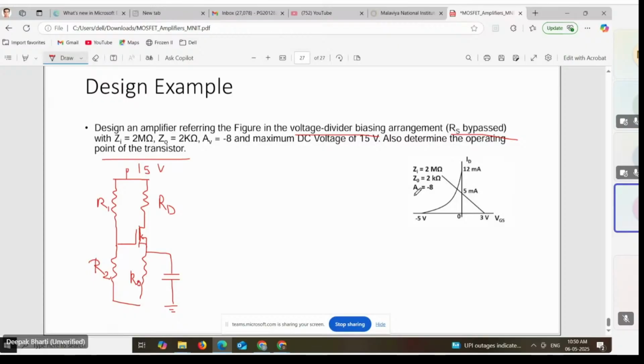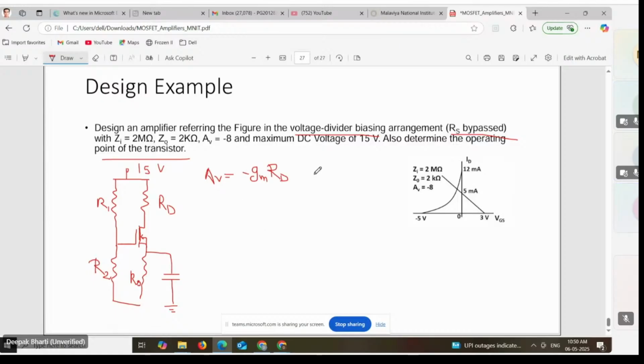So it said gain is 8, and this is the case of bypassed RS. So what will be the gain for this? AV will be equal to minus GM capital RD.